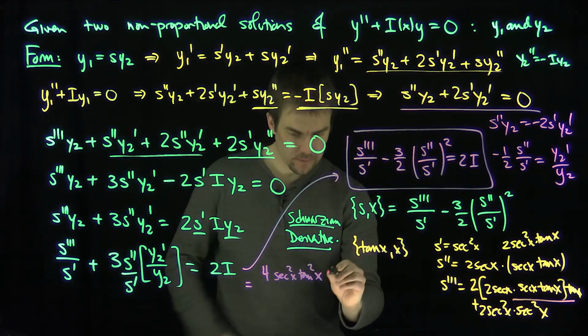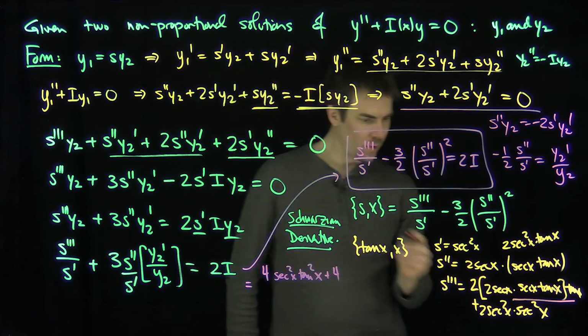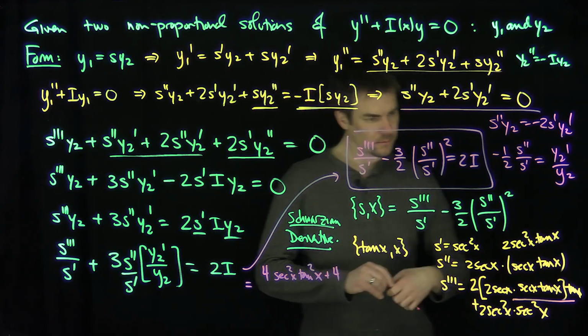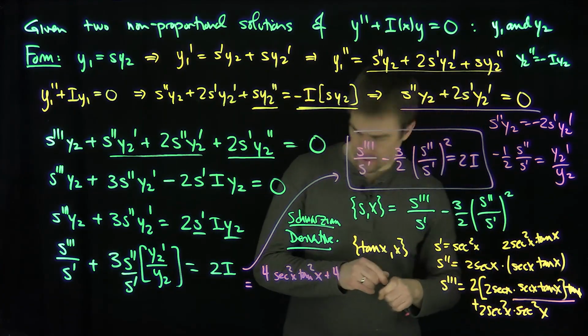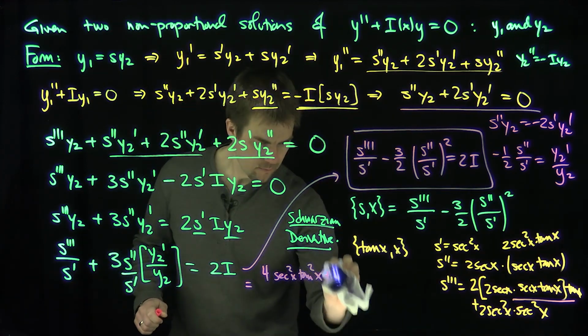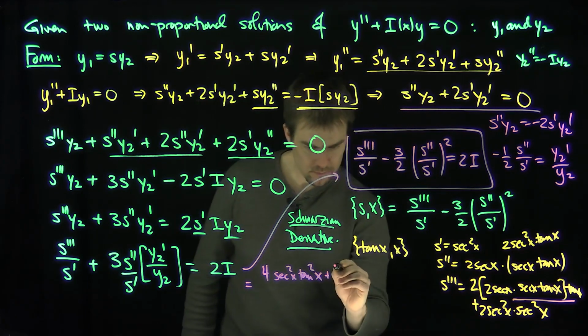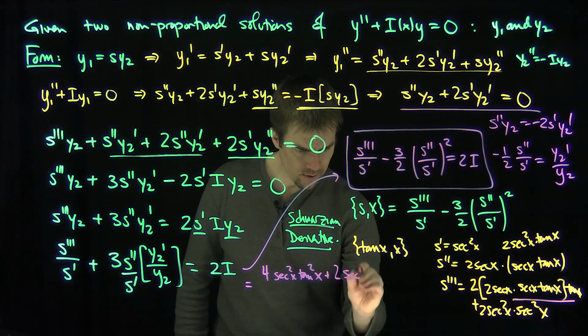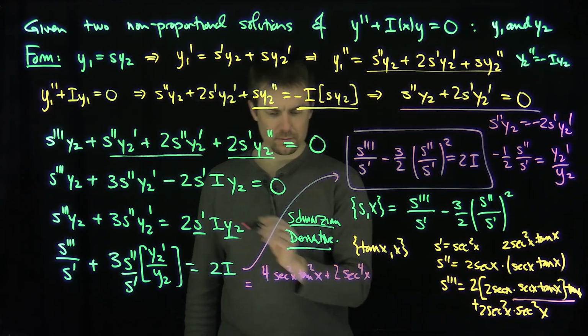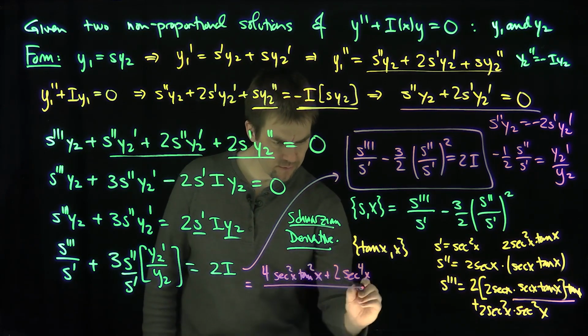And then plus 2, down over here, 2 secant to the 4th of x over the first derivative.